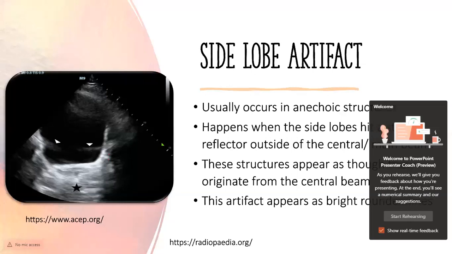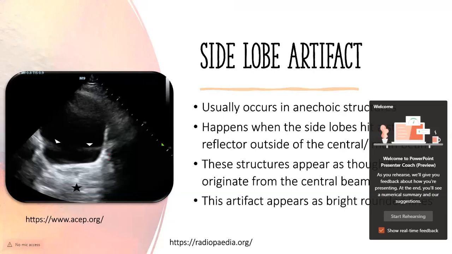The next artifact we're going to look at is side lobe artifact, and this usually occurs in anechoic structures. This happens when the side lobes from the central beam are reflected outside of the central beam, okay?